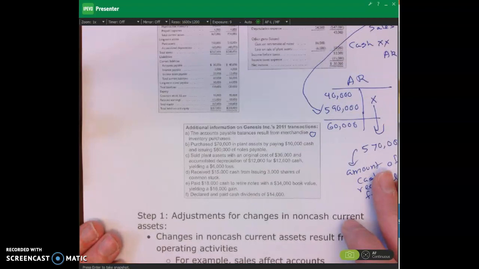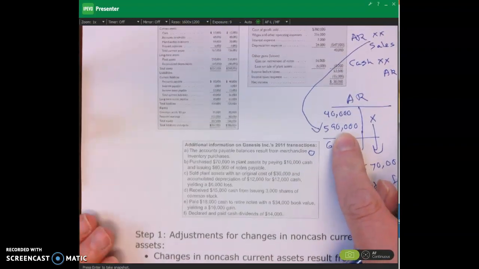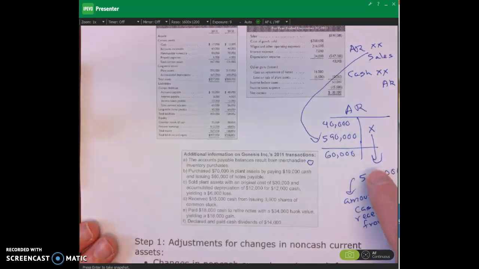Why is it subtracted? Well, you have $590,000 in sales. Your net income is based upon $590,000 in sales. But you really collected $20,000 less in cash than you had for sales.